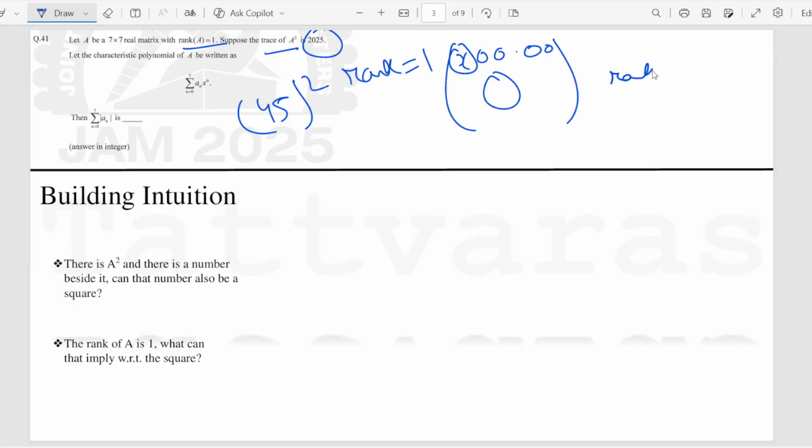Similarly, when the rank is more, say 3, you can have a matrix like this, where there are 3 non-zero rows bringing in new and independent information, rest everything is a big zero.